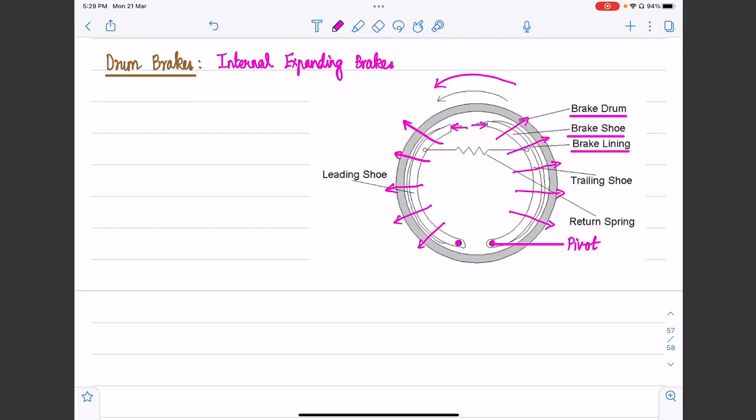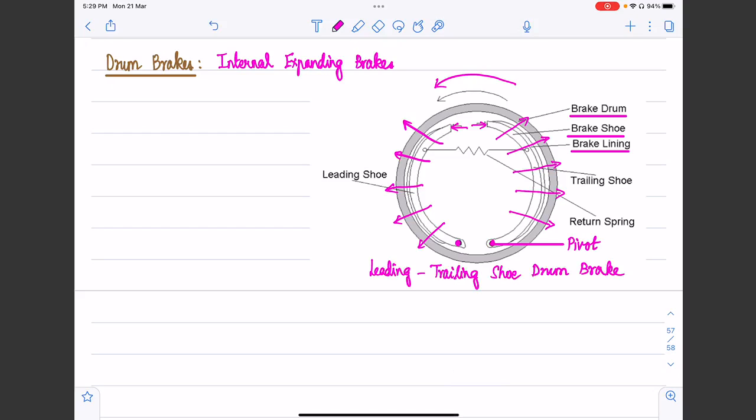We will come to the leading and trailing shoe shortly. What I have drawn here is what is called a leading-trailing shoe drum brake, and we will see what this is as we do the analysis. I hope this simple schematic is clear.